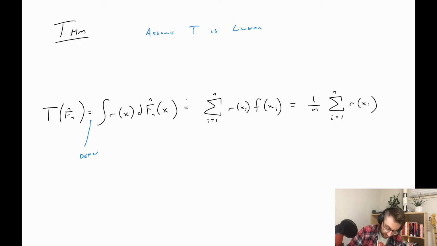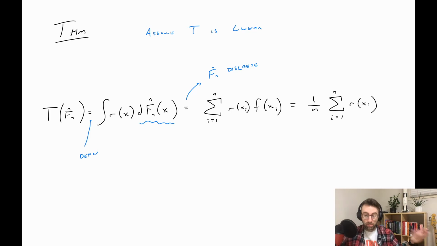And then this equal sign here is because, don't forget, f hat n is discrete. Maybe we should just write it out. When we're using this notation, that allows us to deal with continuous and discrete random variables, but here we're dealing with a discrete random variable. So now we apply the definition of expectation of a discrete random variable, which says it's the sum of that r function of xi times the individual probability mass functions for each xi.